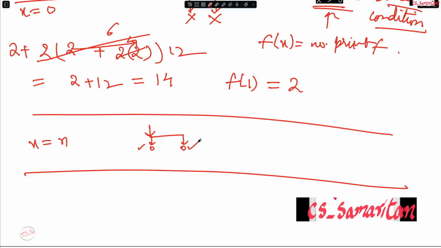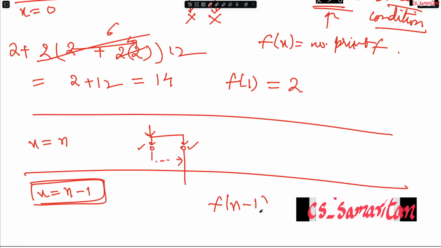produce two printf statements, and then at that point the parent is going to stop and wait for the child, and then the child is going to go on till x is equal to n minus 1, right? With that being present, the parent is going to follow like this, and it's going to show exactly the same behavior. Let's assume that f of n minus 1 is already known.